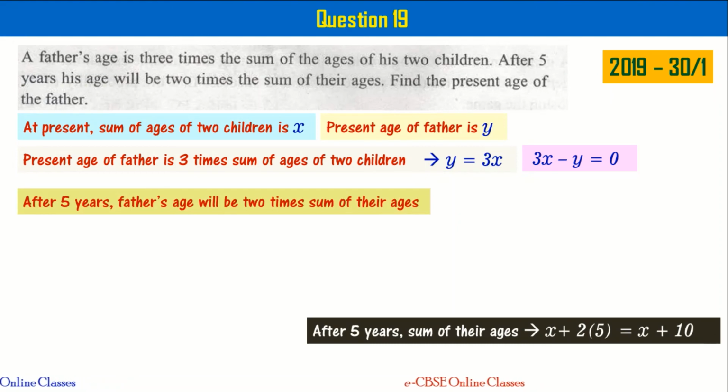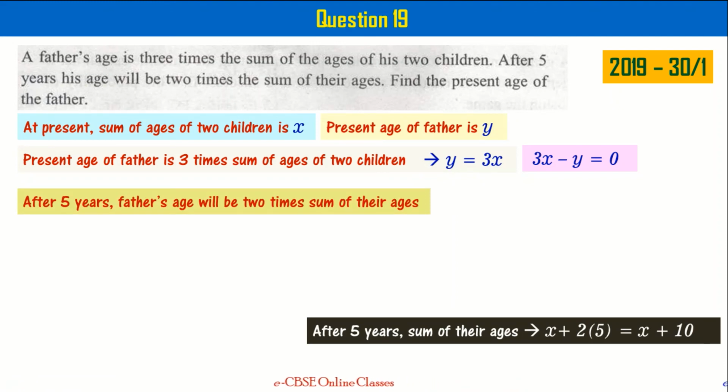It means for one child it is going to be 5 years and for 2 children it is going to be 2 times 5, that is 10. So if the current sum of ages of 2 children is x, then after 5 years the sum of their ages is going to be x plus 10. Please take a note of this. And as per the statement given, after 5 years father's age will be 2 times the sum of their ages.